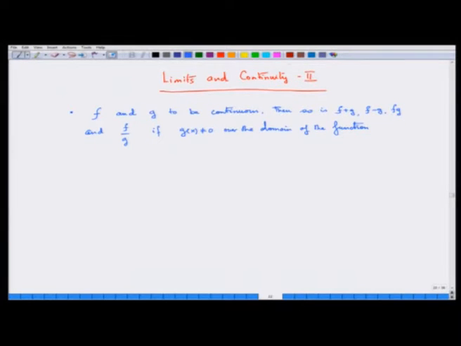So, we will now consider a function f defined from an interval I to R. I would say that you can take I in your mind either as an open interval or as a closed interval.